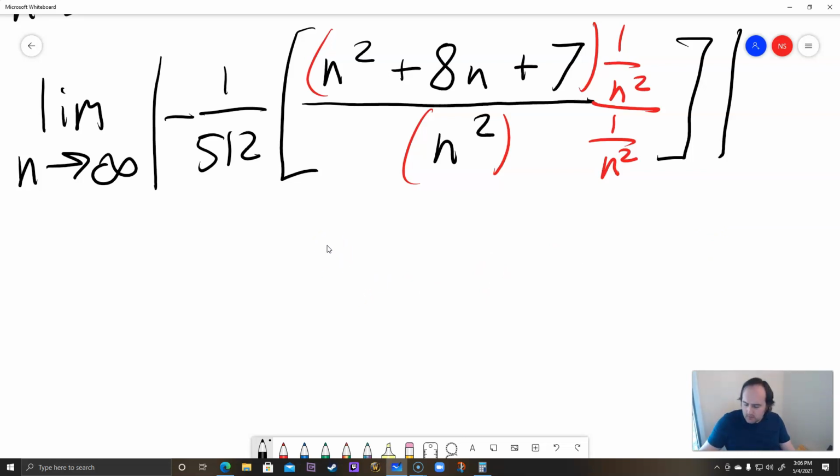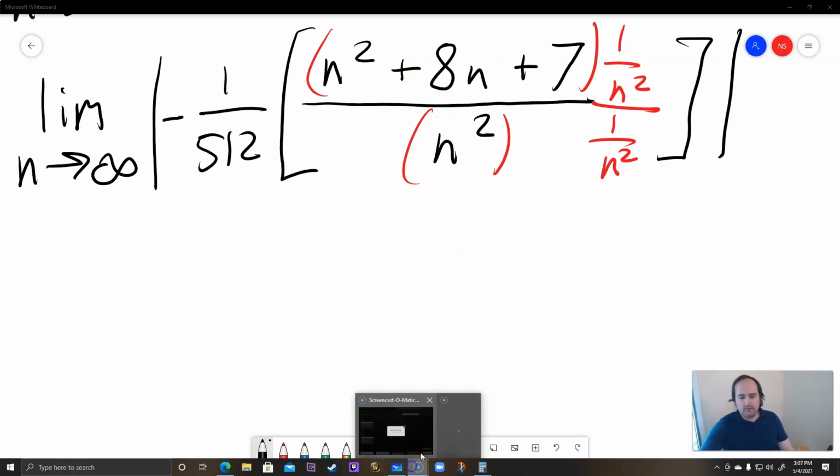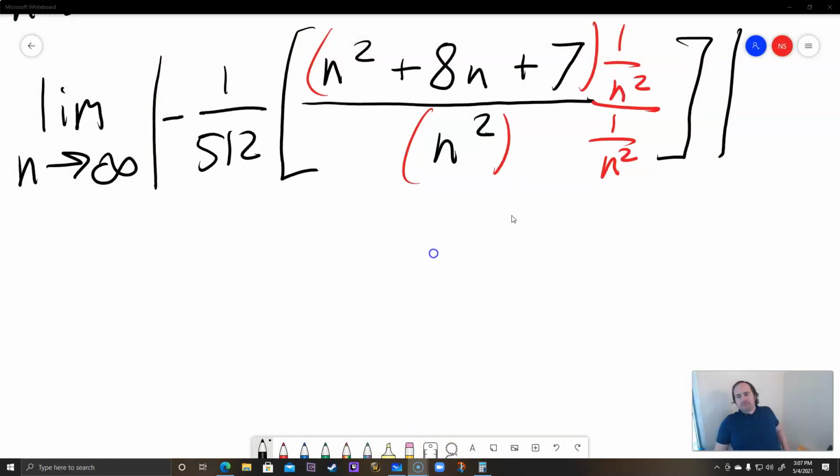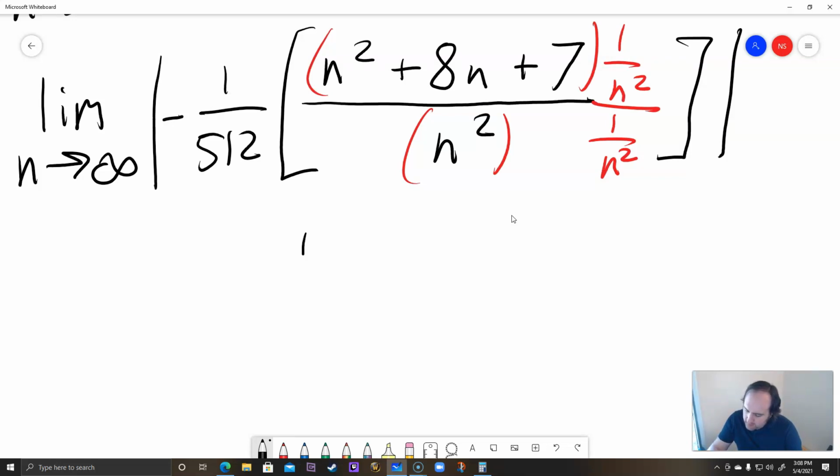Okay? And then all we have left to do is distribute this 1 over n squared to the numerator and denominator. So when we multiply by 1 over n squared and we distribute on the top, we're going to end up with 1 plus 8 over n plus 7 over n squared.